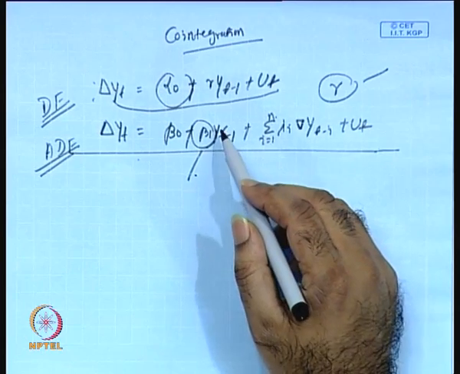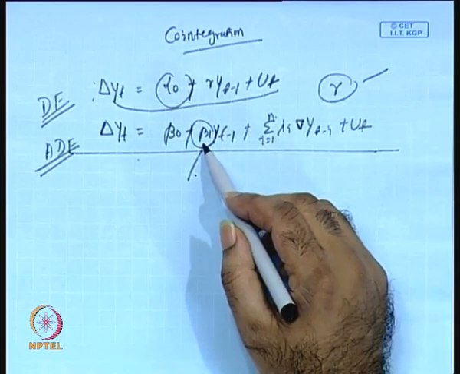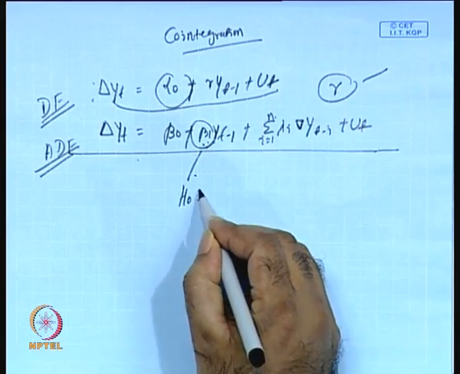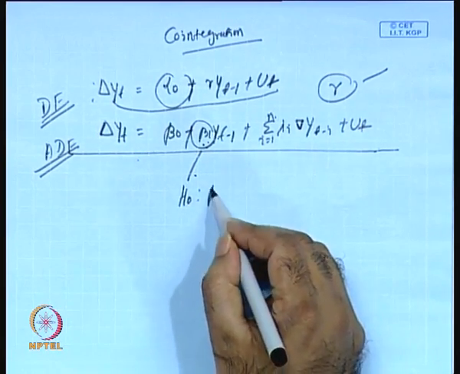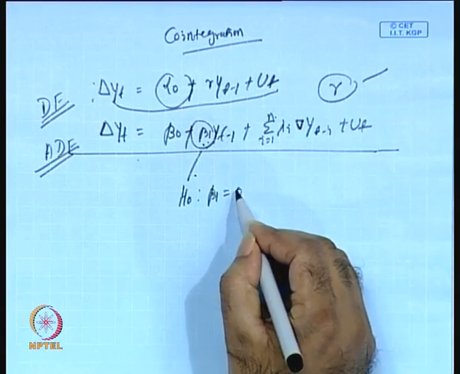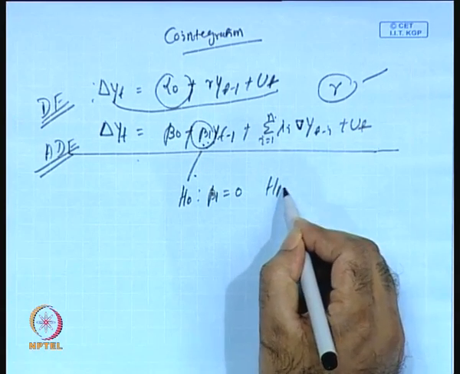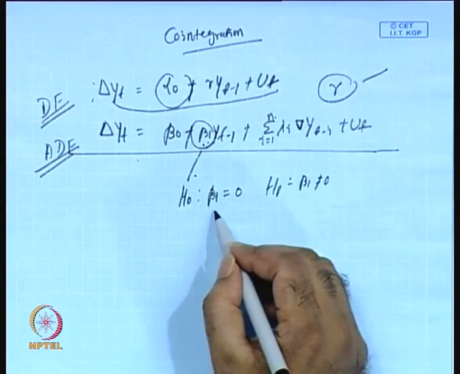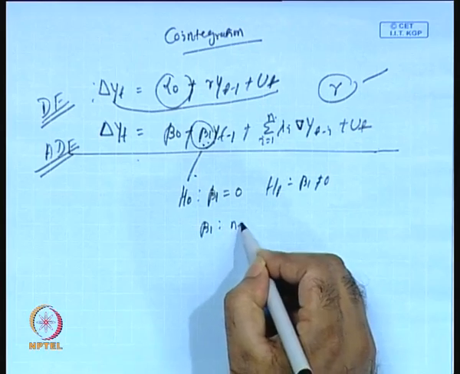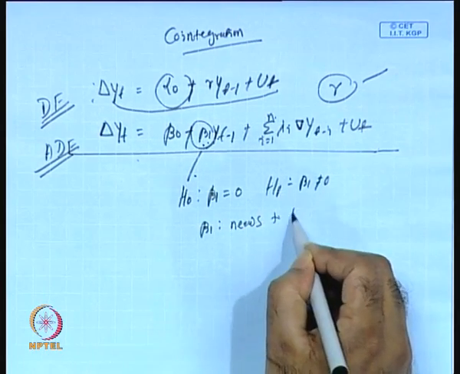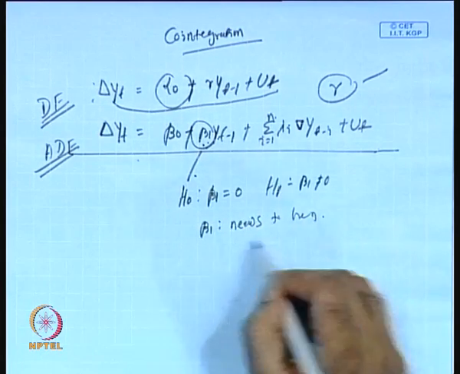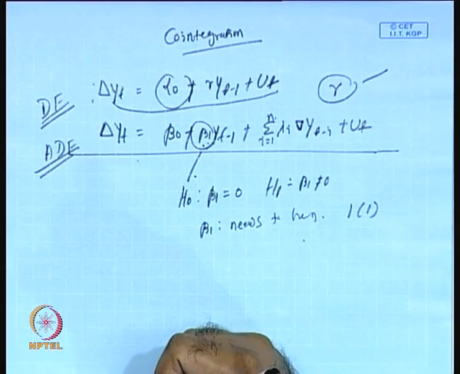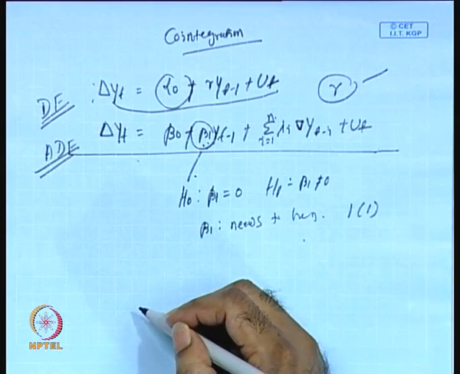The null hypothesis is that beta 1 equals 0 against beta 1 not equal to 0. That means beta 1 needs to be significant. If it is significant, then we call it integrated of order 1.